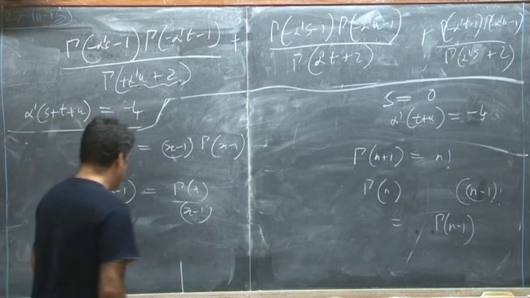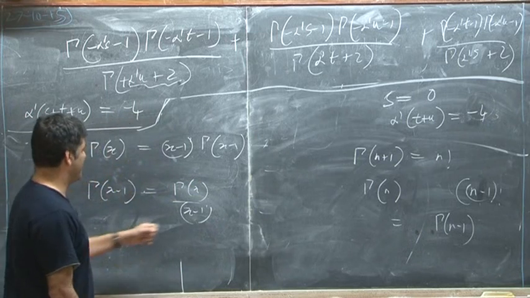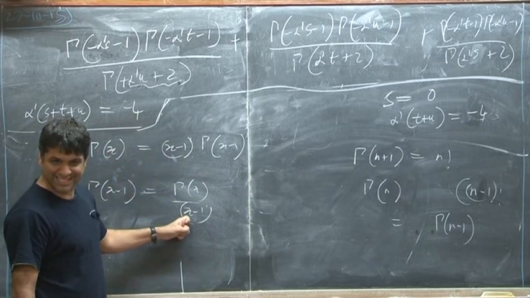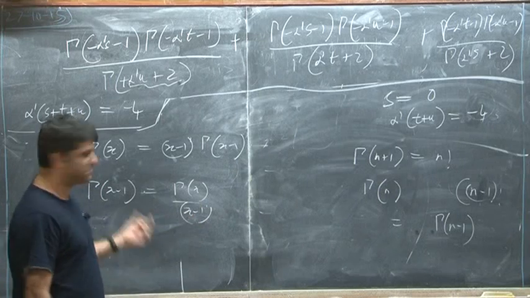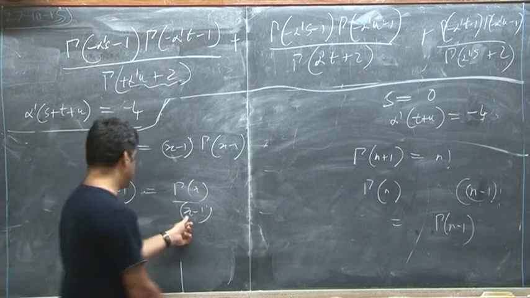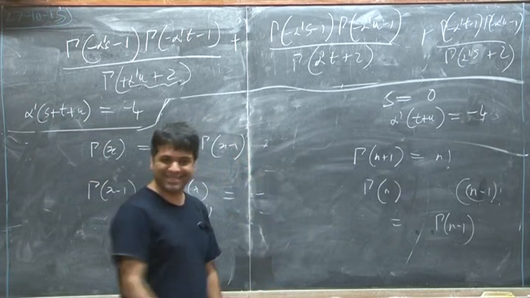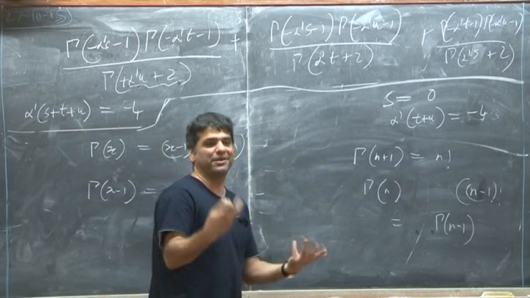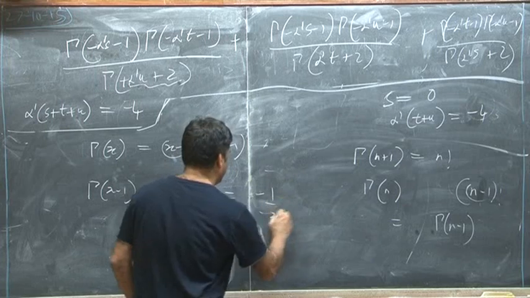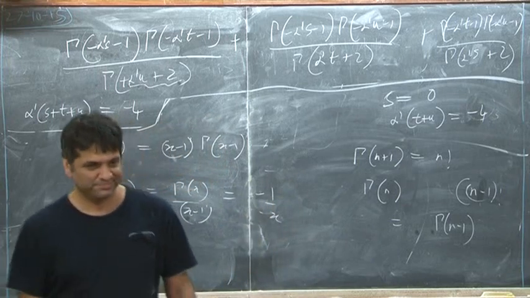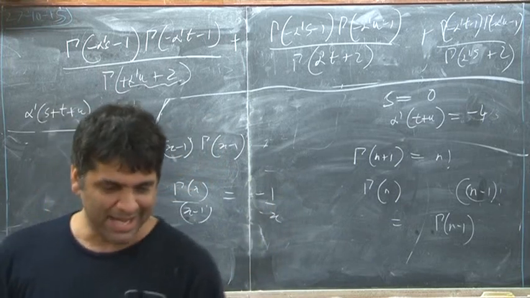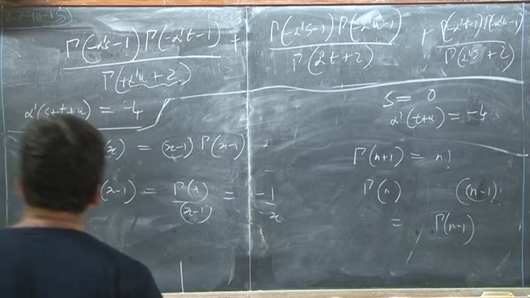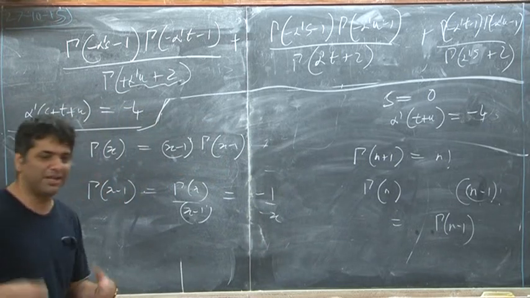Then we put in the fact that x is near 0, so x minus 1 is near minus 1. So this is equal to minus gamma of x, but we know gamma of x is 1 by x. Up to a sign, once again, signs we will not try to be very careful about.